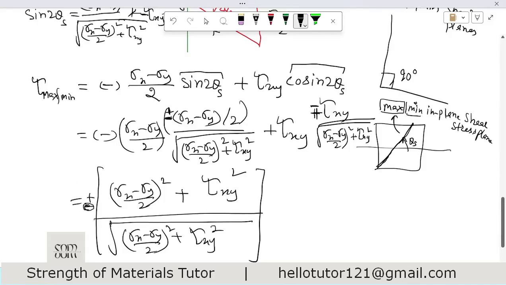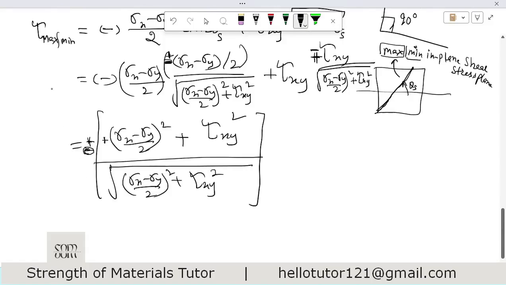Then the second time, negative and negative is positive, and positive and positive is going to be positive again, okay. So positive will be outside, okay. Anyways, this is our tau max or min, okay.